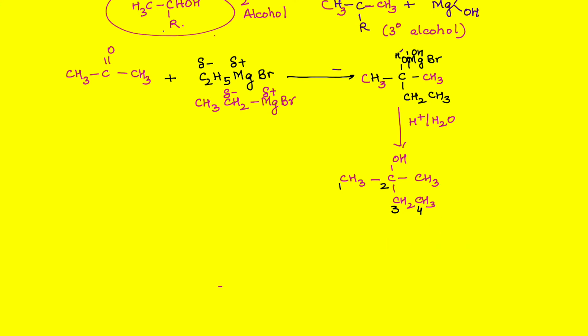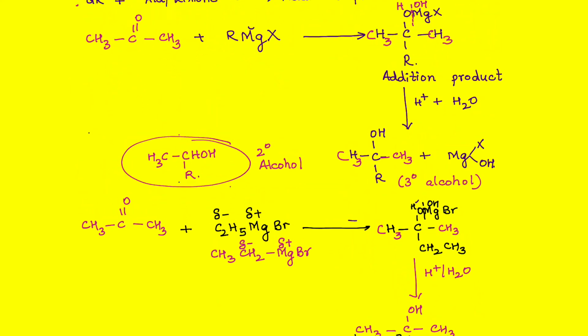What does it become? Try. Yes, again we number it in the same order, 1, 2, 3, 4. But on the second carbon we also have a methyl group. So this becomes 2-methylbutan-2-ol, which is a tertiary alcohol.